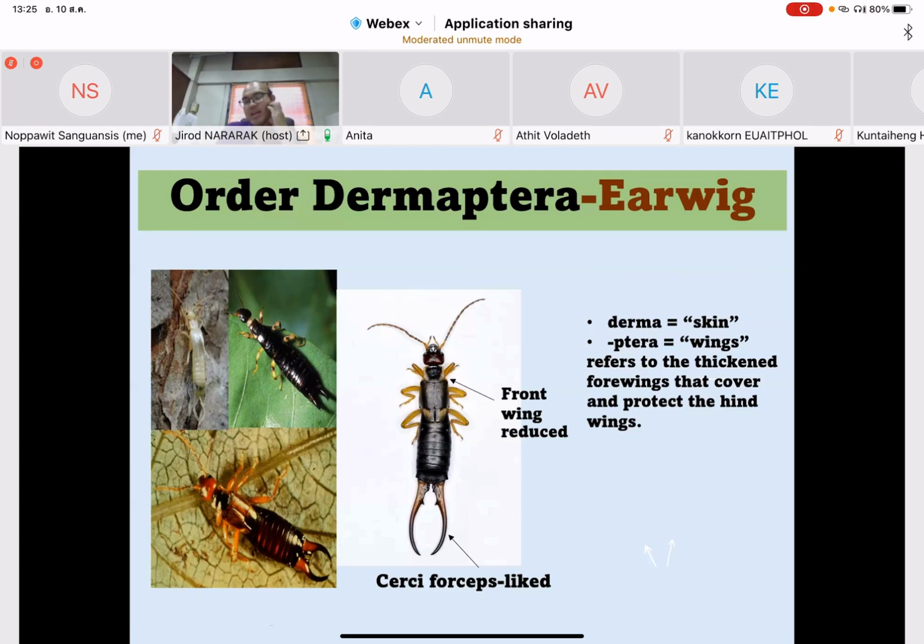However, I think the name most likely came from the term "ear wing", referring to the shape of the hind wing. They have many categories. Just to give you some information, another characteristic you can see is the sessile forceps here. It's like a forceps.